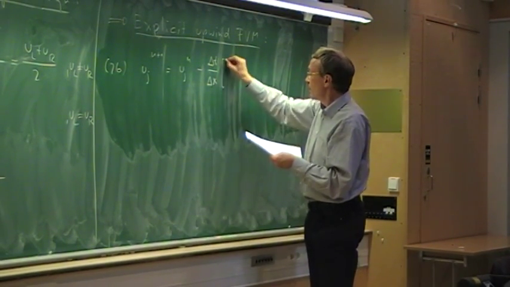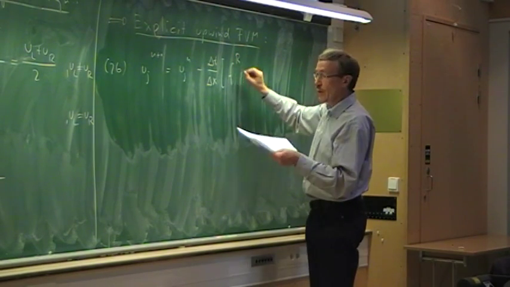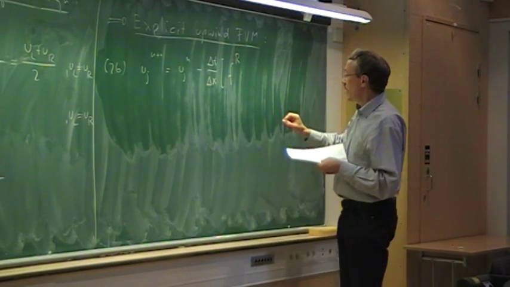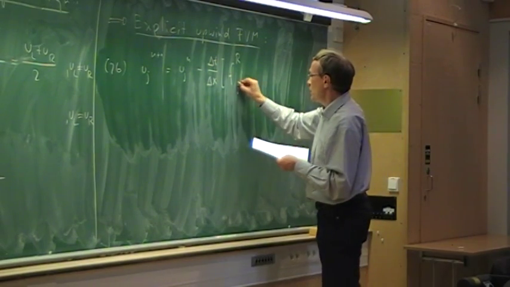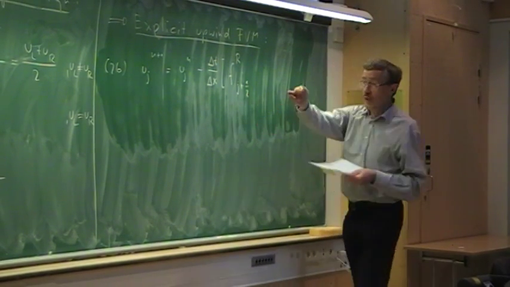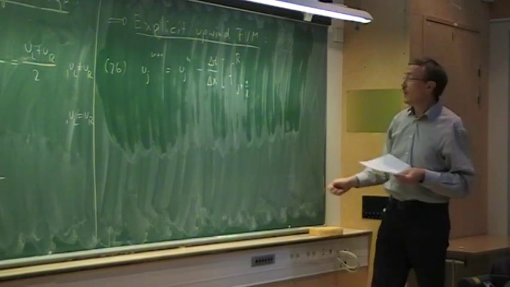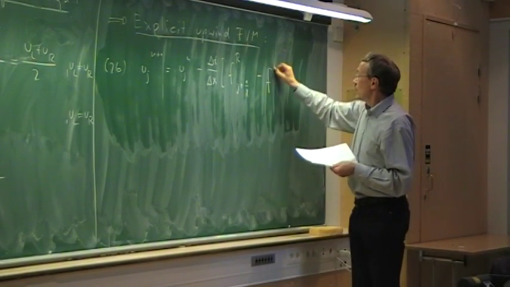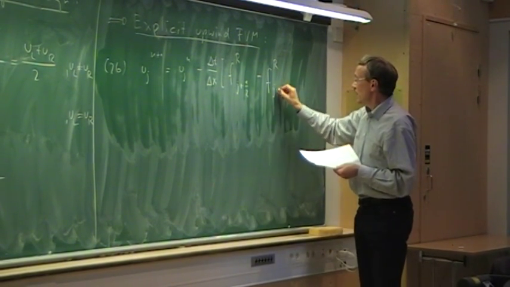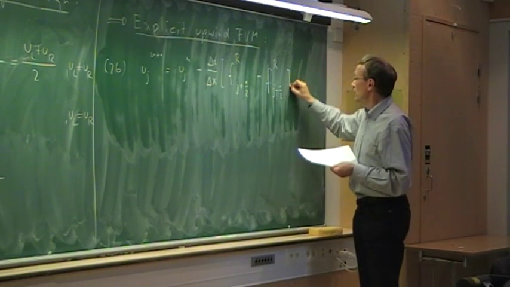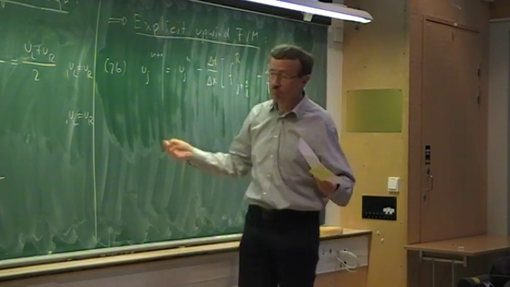And then we have here the fluxes. We have the upwind flux at the phase j plus 1/2 that we have determined in this way, minus the corresponding upwind flux at the phase j minus 1/2. How do we get that?